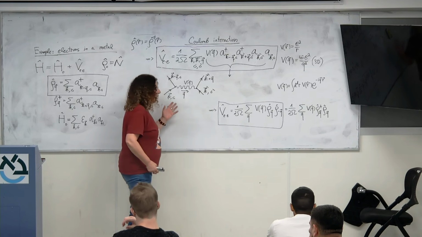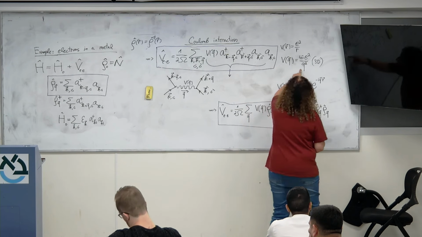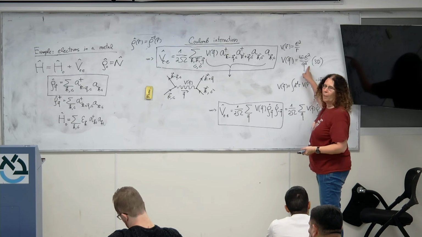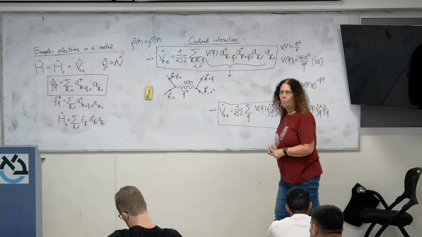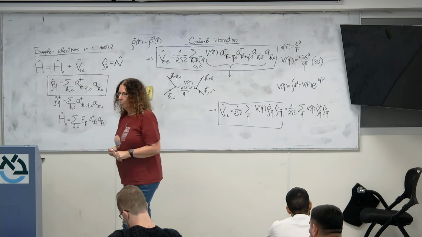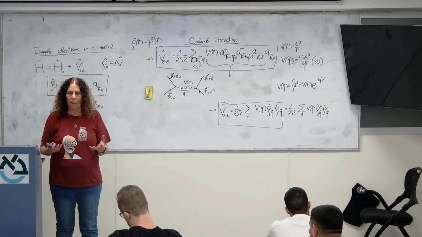But conceptually, the expression for V of q that has a q squared in the denominator is like the static version of an expectation value of creating a photon.